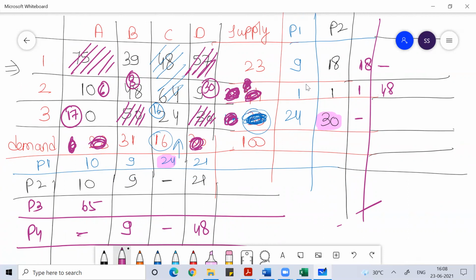This is done. So 31 minus 8 would be 23, right? Yeah, 23 you can put on this. This is the allocation I did, guys. So like this you can do allocation.